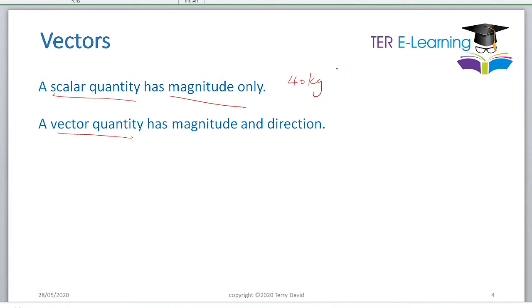This is what we call a scalar quantity. It just has a number, 40. But we have something called a vector quantity, which has magnitude but also has direction. A vector quantity has magnitude and direction. This is a key concept you need to know.